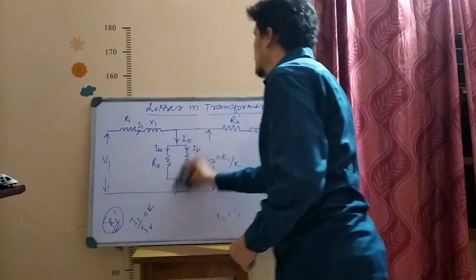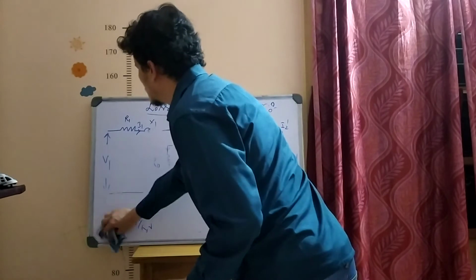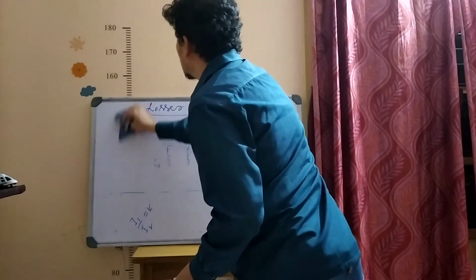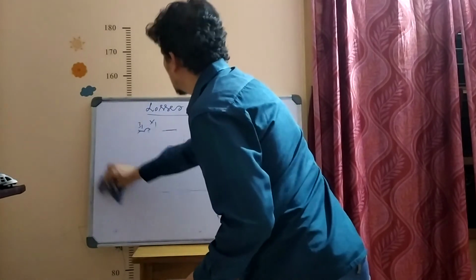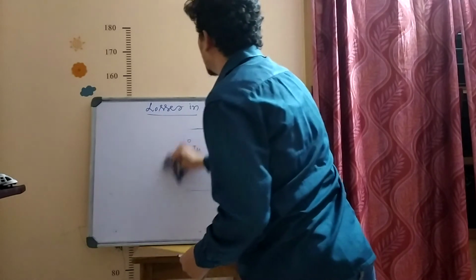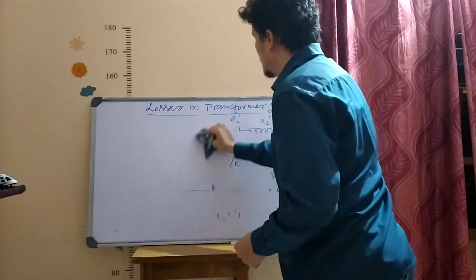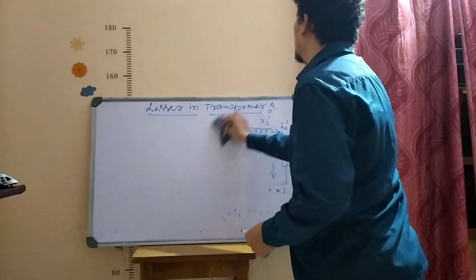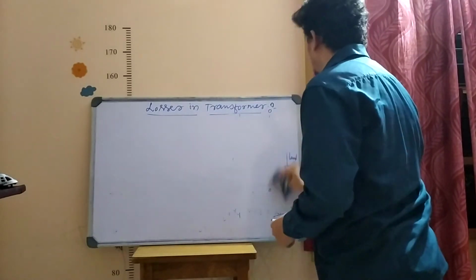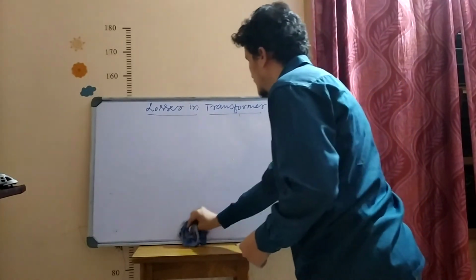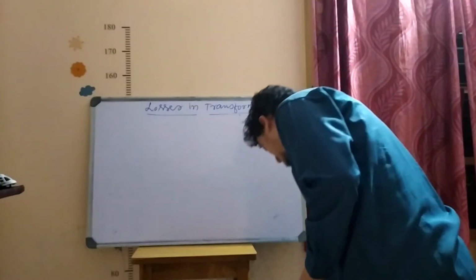Okay, this is enough. I think this needed to be explained, because if I skip it, you cannot understand copper loss properly while deriving the equations. That's why I have explained it.